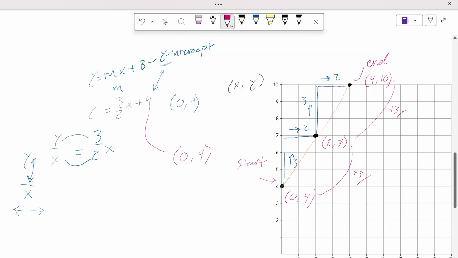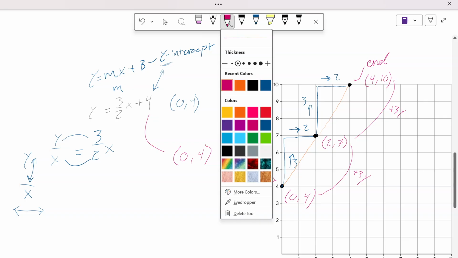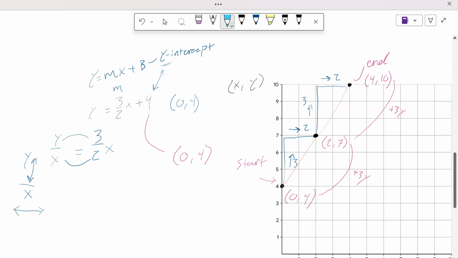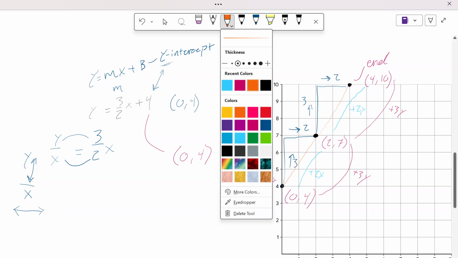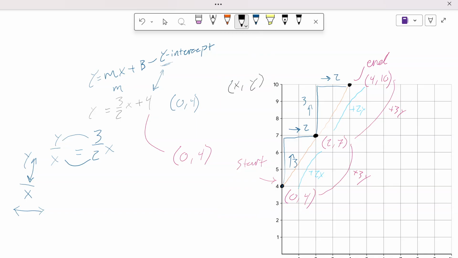And then on our x-axis, we did kind of the same thing, but different. We went 0 to 2, and 2 to 4. So we went plus 2x, plus 2x. Now, when we look back at our equation over on this side, we have 3 halves x, the 3 is y, and the 2 is x.